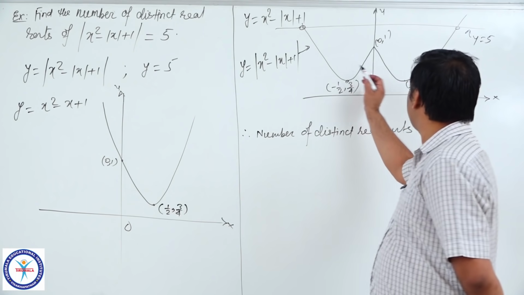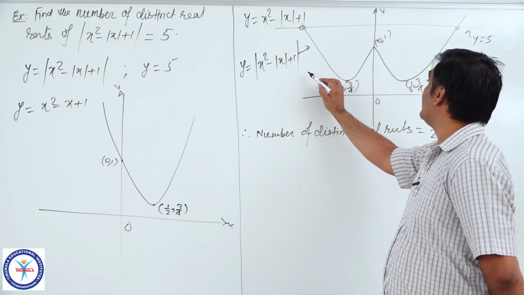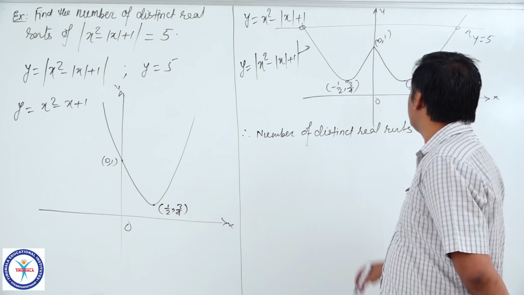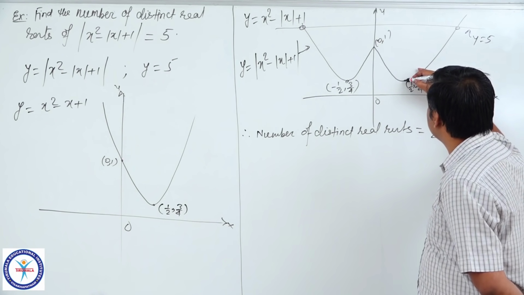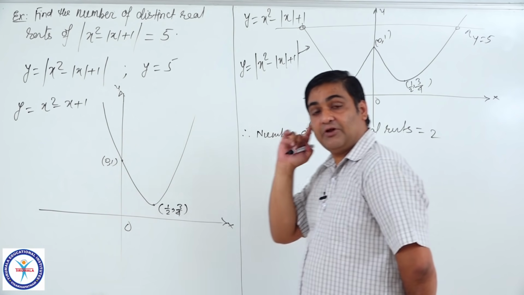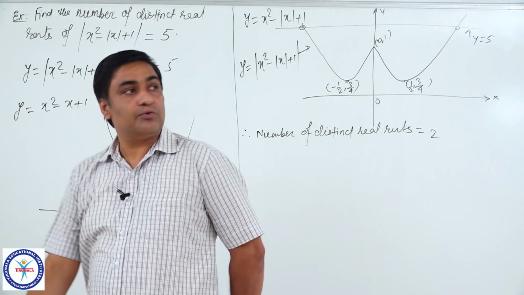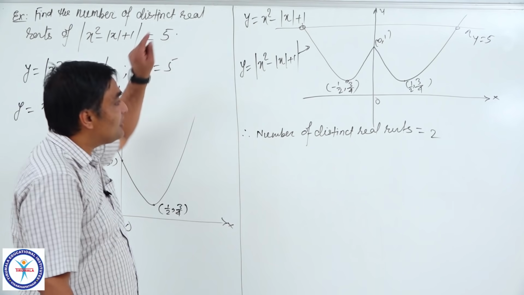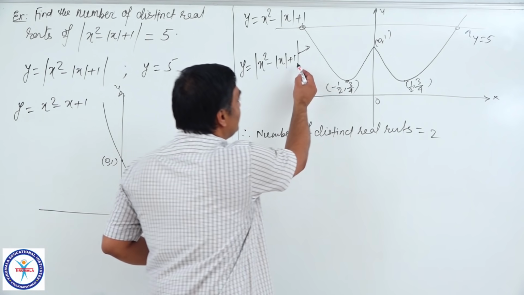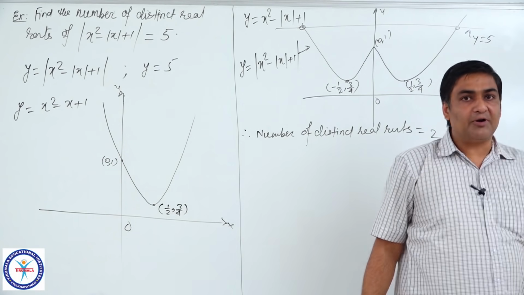So, for 4 real roots, instead of 5, we should write a number which is between 3 by 4 and 1. So there will be 4 distinct real roots. In place of 5, if we write a number between 3 by 4 and 1, then there will be 4 common points.